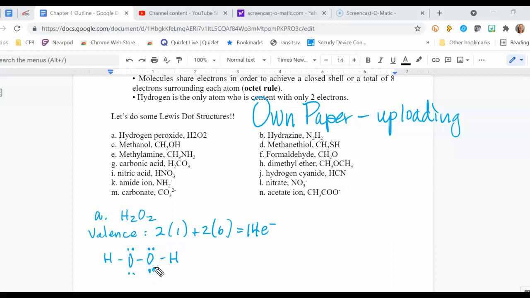Now I've used up a total of 2, 4, 6, 8, 10, 12, 14 electrons, and I have a completed octet in all cases, including the small octet for the hydrogen. And I can say that this appears to be nonpolar, with all of my bonds canceling each other out, or which are between 2 of the same atoms.